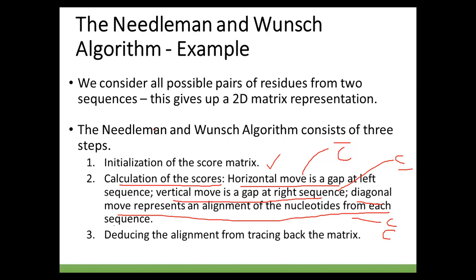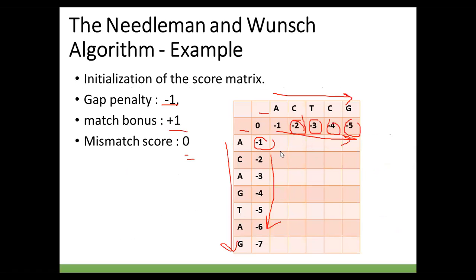So how can you represent that in here? Okay, horizontal move. If you are going from here to here, so it means it's a gap score. What's the gap score here? -1. So I'll write that here.